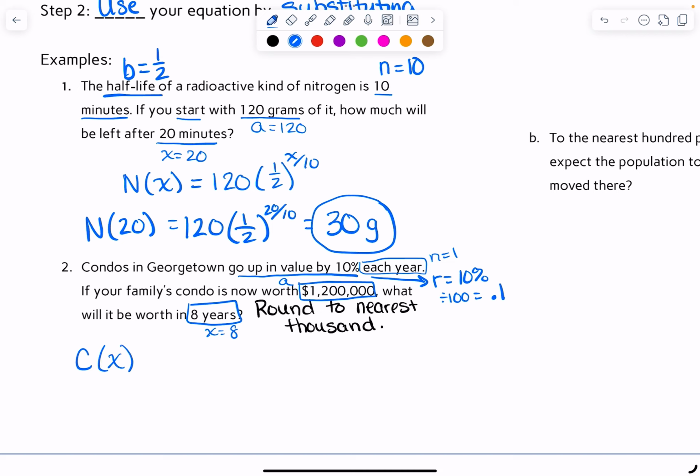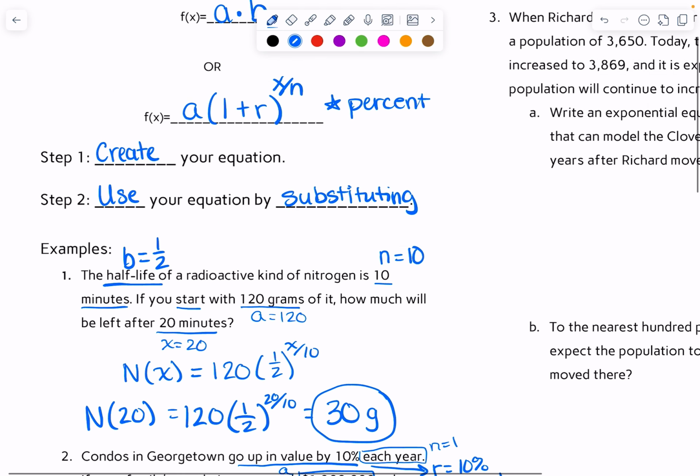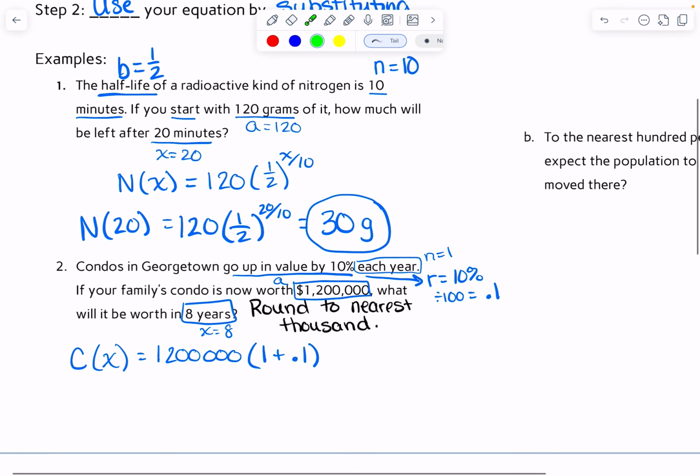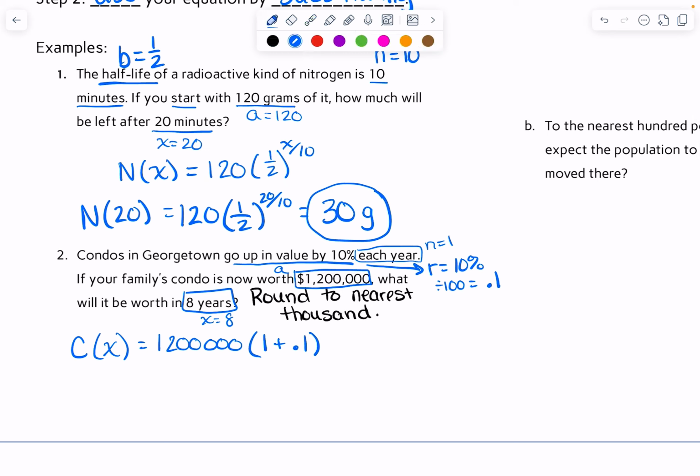So let's have C of X for condo equals that starting value of $1,200,000 times, and since we had our increasing rate here, we're going to take that 1 plus 0.1, getting that from this format here. 1 plus 0.1 to the X power, and we don't have to put that over 1 because if we divide by 1, it's not going to change anything.